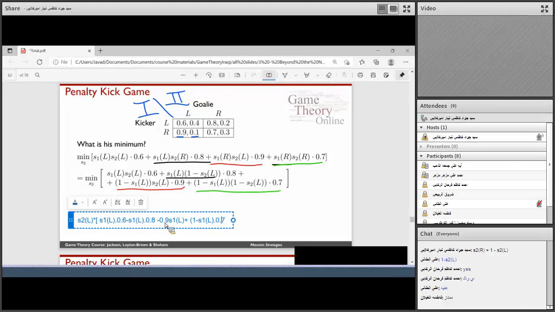Okay, there's a mistake here. This one would be 0.9 times 1 minus S1 of L. Yeah, that's right now. Do you see how I do this? Or do you need further explanation? So this is now minus, actually.